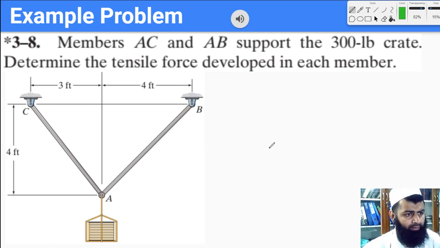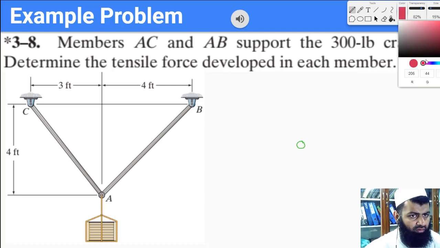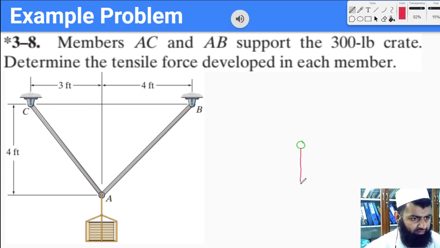So let's see. We have three forces on this hook. Let me draw a circle, and one of the forces is the weight, which is a downward force. Let me draw this weight with this pinkish shade, and it is equal to W, which is equal to 30 pounds.